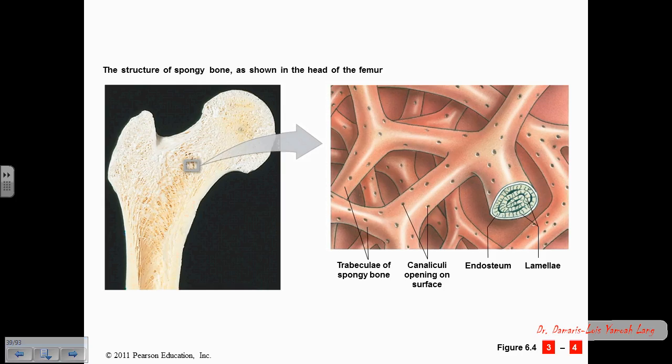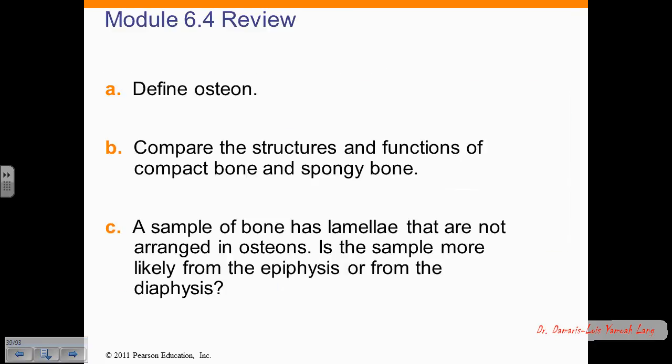They don't have that. There are no perforating canals with blood vessels, no osteon in there. And the spongy bone area, that's where we have a lot of red bone marrow, and that's where blood cells get synthesized.